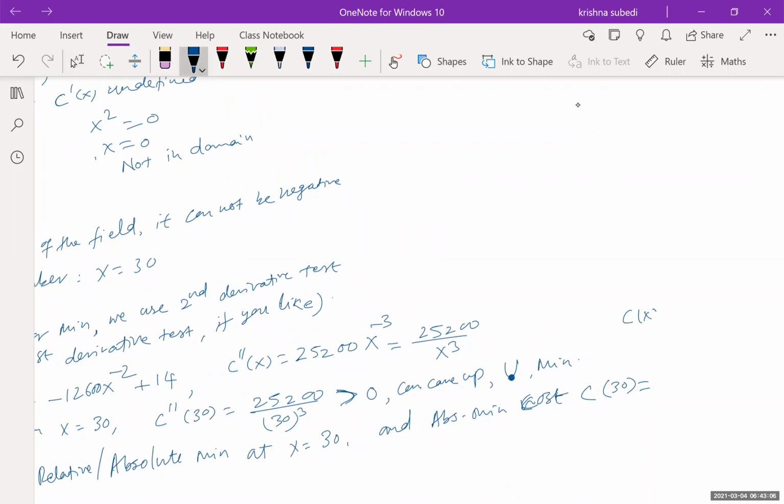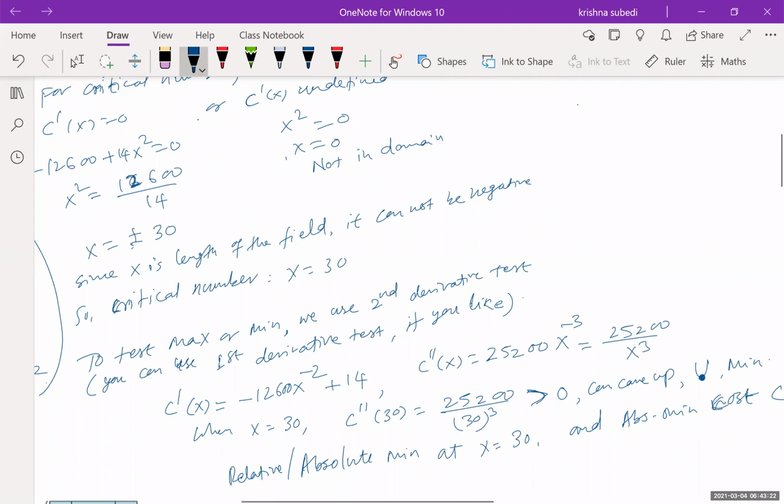Okay, let me copy the cost function, which is 14x plus 21y. Let me go all the way back.